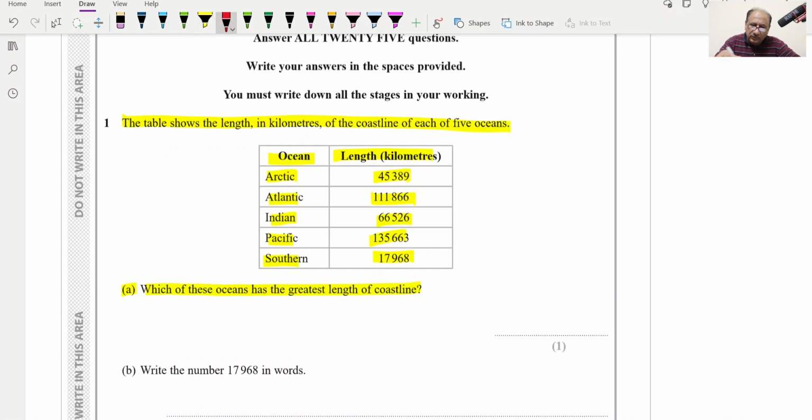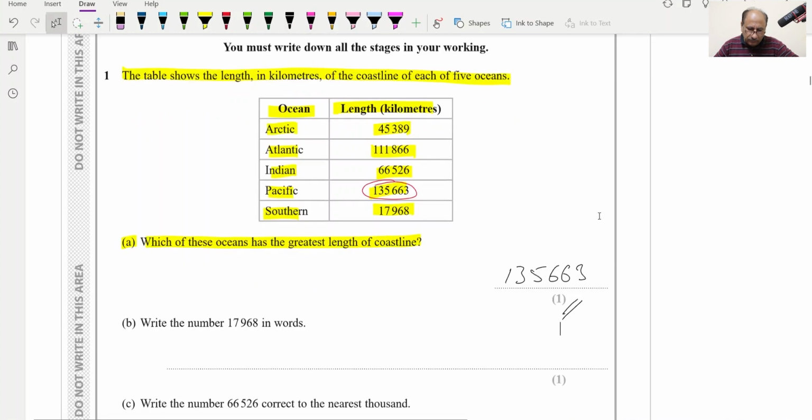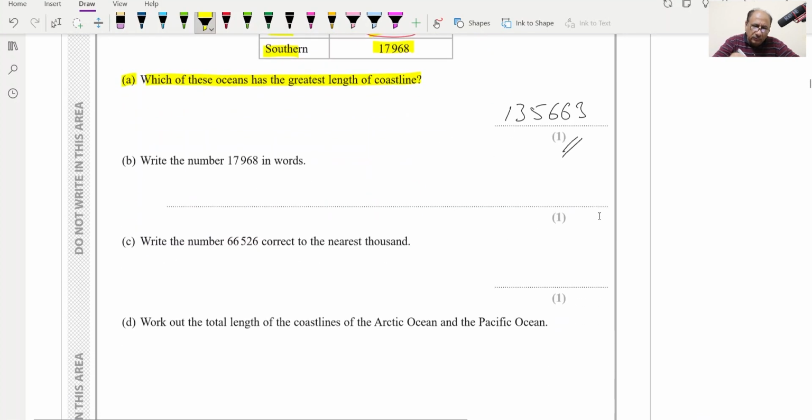If we check, the greatest length is 135,663. So we will write the answer over here, 135,663.